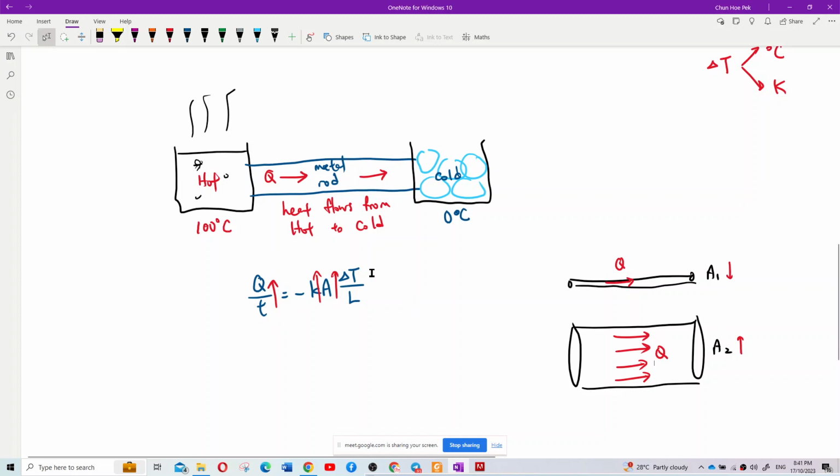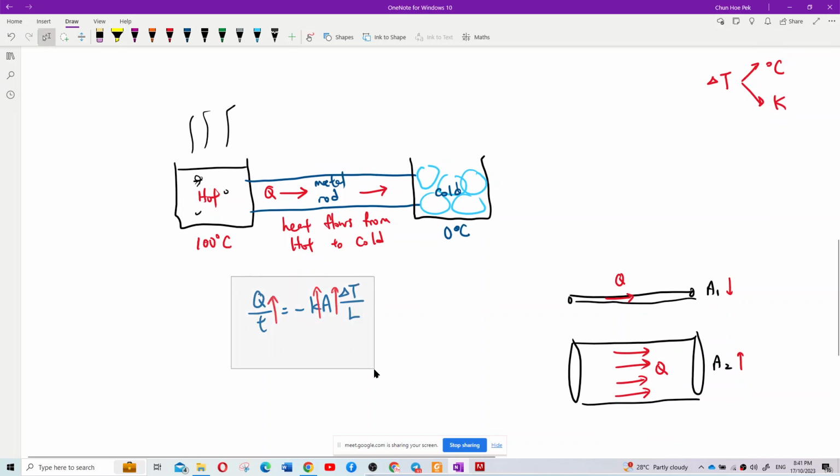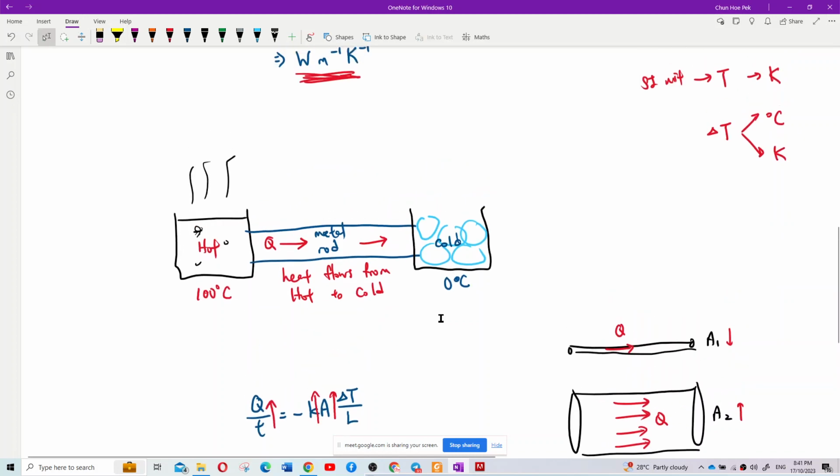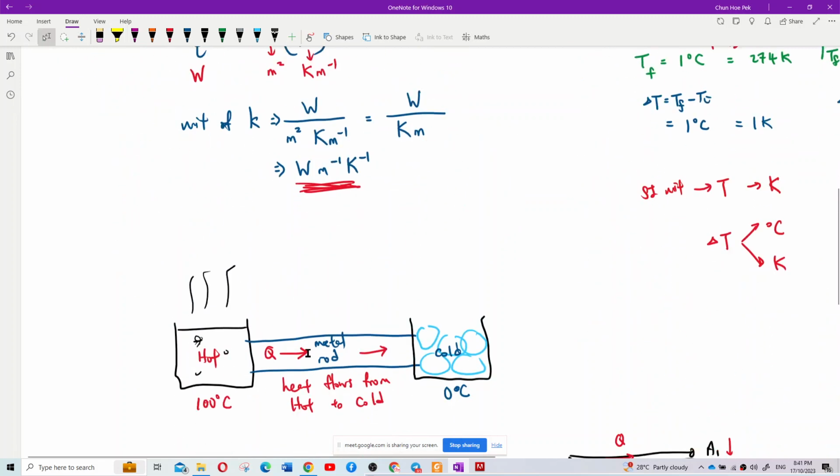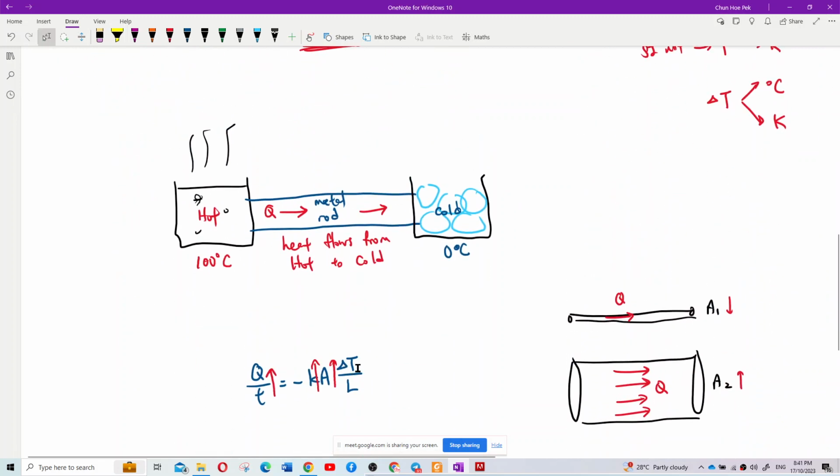Okay, and then what is delta T over L? You understand this one? Very simple. Delta T over L is called the temperature gradient. So what is the temperature gradient?